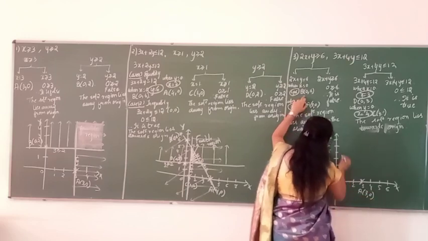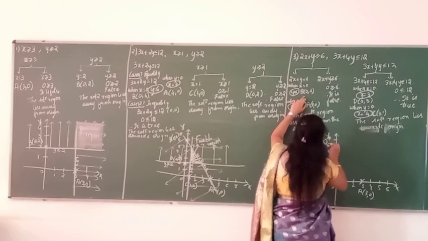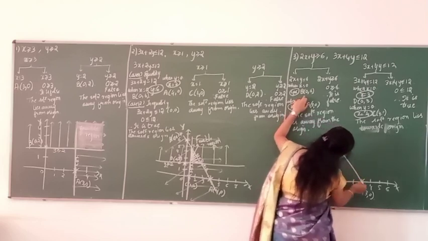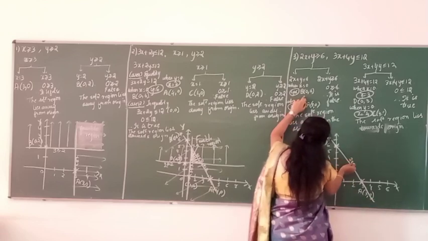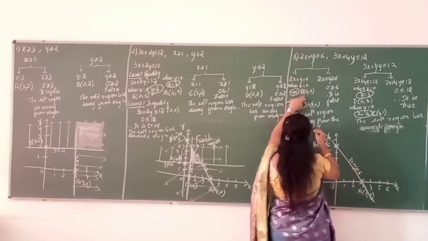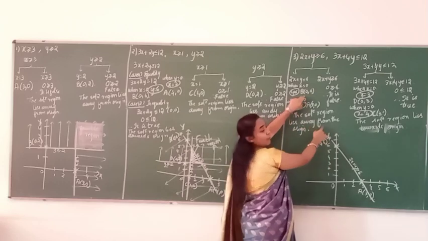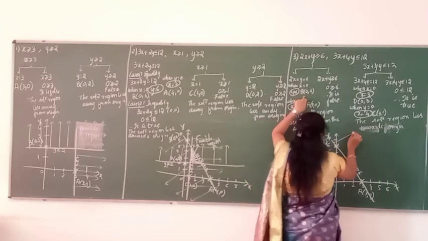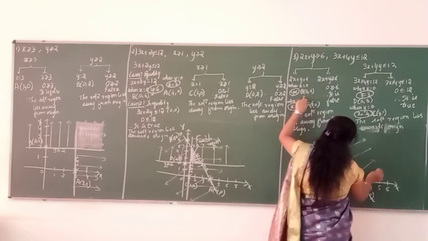And next B is nothing but 0 comma 6. So as it is greater than or equal to, so it will be a bounded line. So you can write it here on the line, 2x plus y is greater than or equal to 6. So you can just check with this inequality solution. The solution region lies away from the origin because it does not satisfy here. So it will be away from the origin.